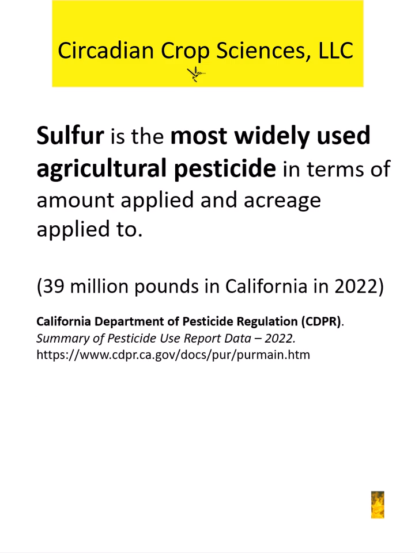And get this, sulfur is the most widely used agricultural pesticide, both in terms of amount applied and acreage applied to. In 2022, 39 million pounds were applied in California. Add a couple of oxygens to that, and you're up to 80 million pounds of sulfur dioxide potentially generated.